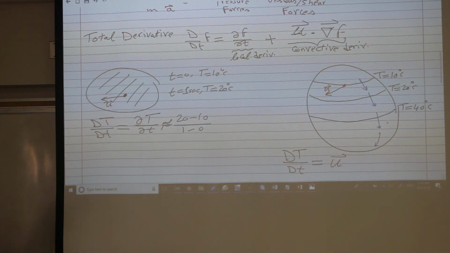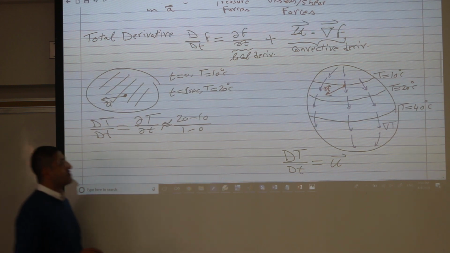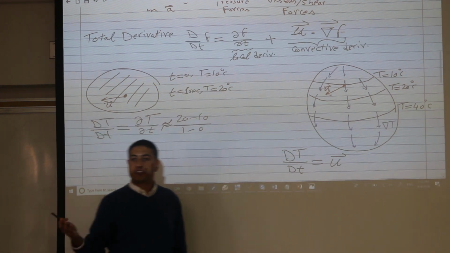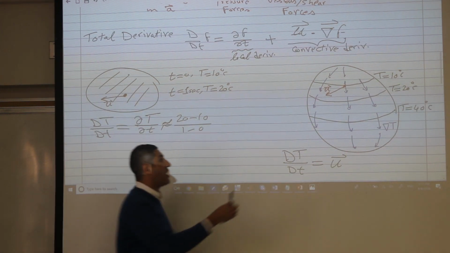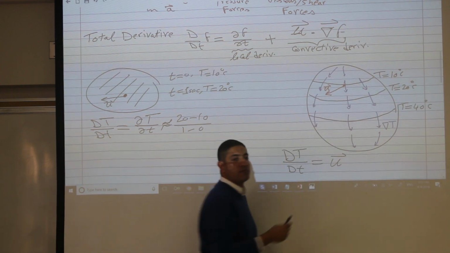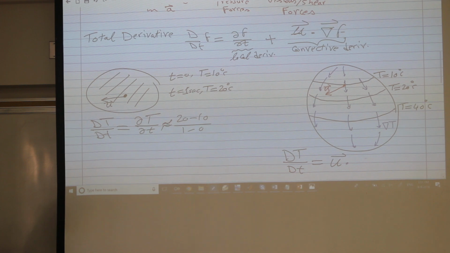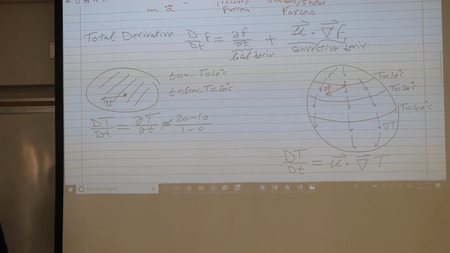So this is the gradient of T at this point, perpendicular, and so on. So if the velocity is completely perpendicular to the gradient, no change. If it's perfectly aligned with the gradient, this is the maximum change, right? So it has to do with the component of the velocity along the gradient, correct?